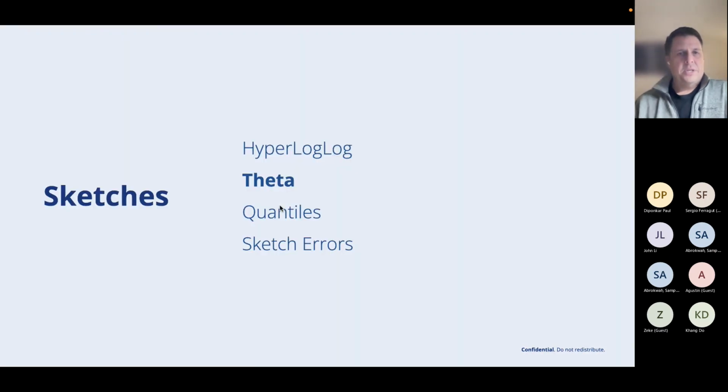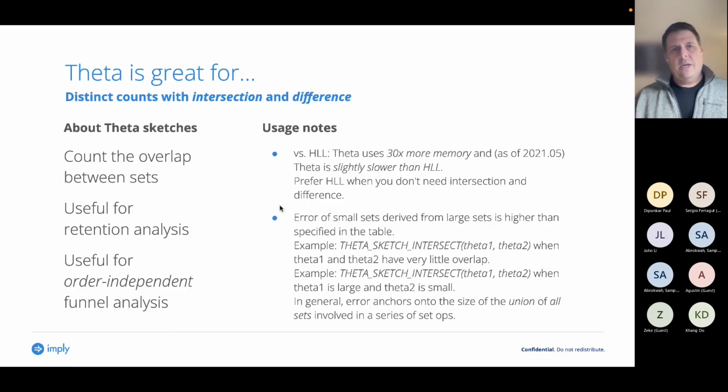There are also some newer sketches out there called Theta sketches, and these are meant to harness the power of sketches but use them for more than simple counts, being able to do differentials and overlaps. So Theta is really good at, let's say, a funnel analysis.